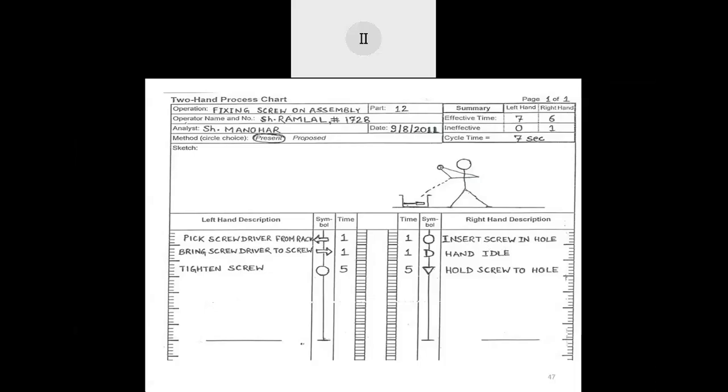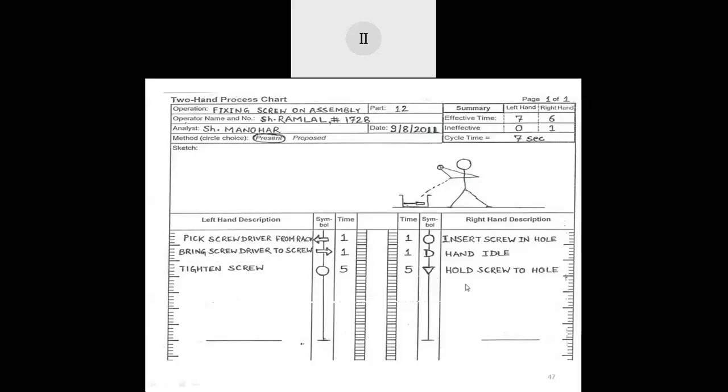Then next, you can see the arrow symbol, it is opposite to our right hand, which means our left hand is going away from our right hand, right? The next activity is bring screwdriver to screw, which means our left hand will take the screwdriver close to our right hand.